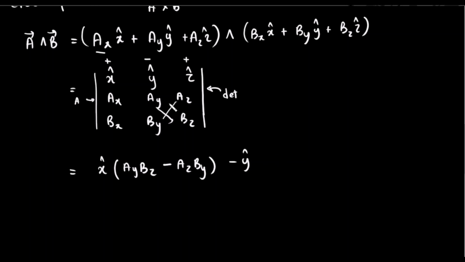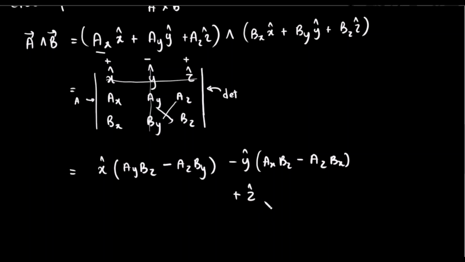If you take the y hat here, you will have to forget about this column and this row. So the determinant is ax bz minus az bx. Now we have this z hat here.